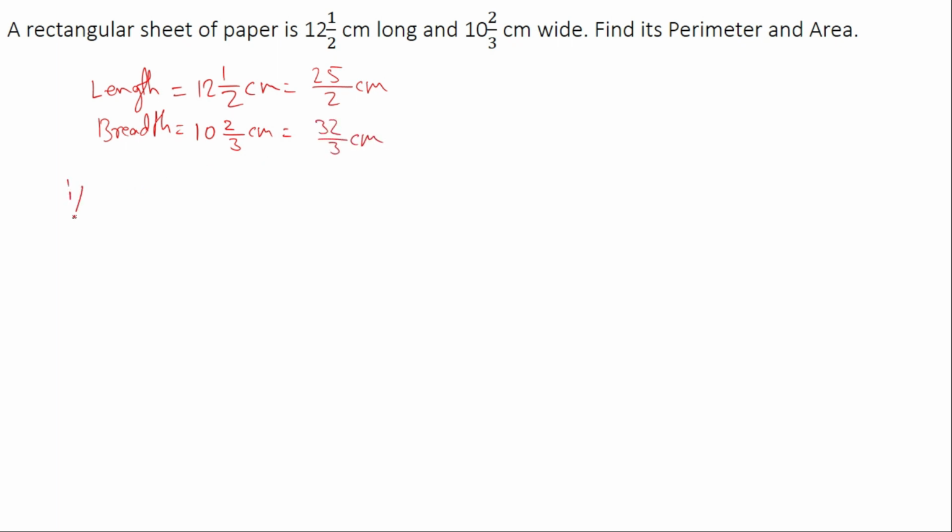In the first part we have to find the perimeter. We know the formula for the perimeter of a rectangle is 2 into length plus breadth. So just put in the values.